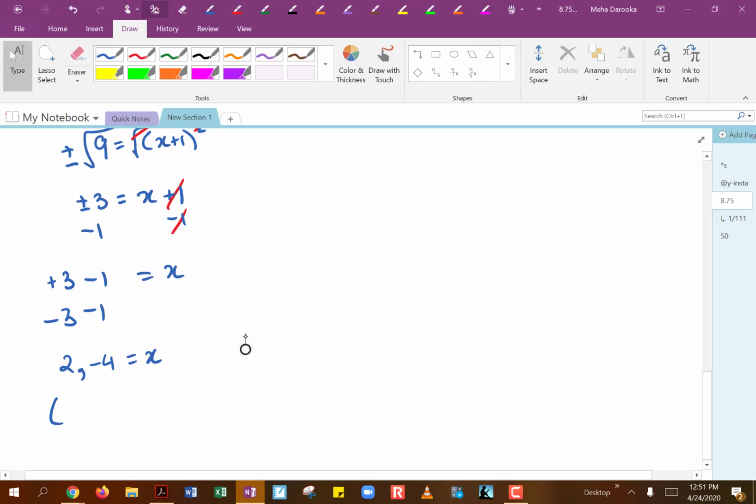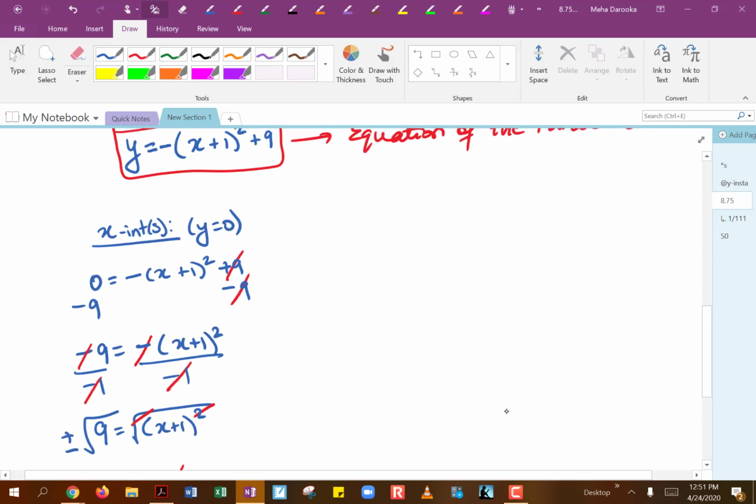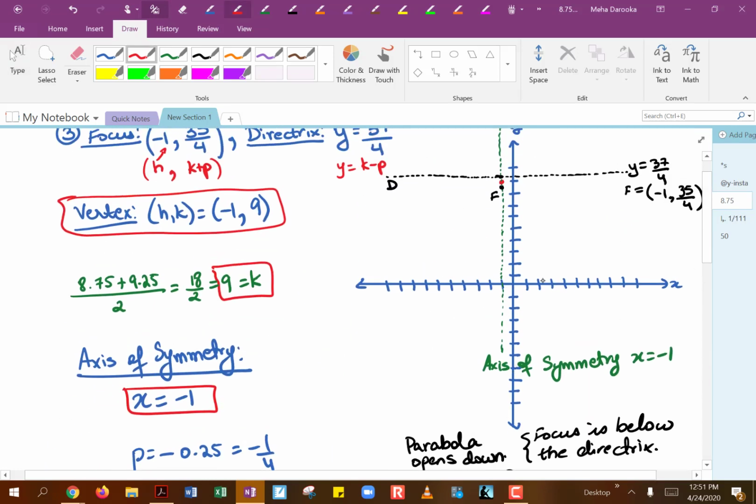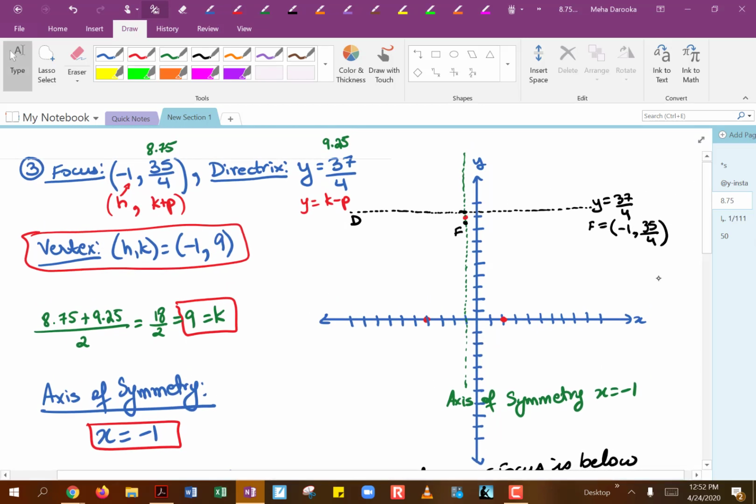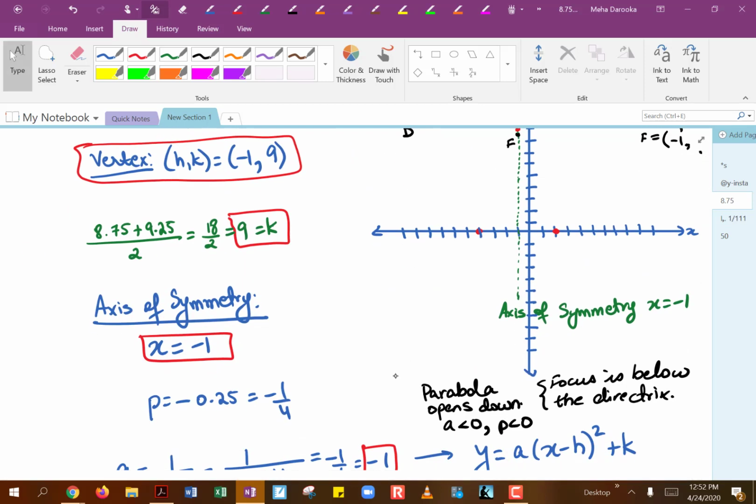So you are looking at 2, 0 and -4, 0 as the x-intercepts. Okay, so 2, 0, -4, 0. So that's going to be right here. 2, 0 and -4, 0, where we have our x-intercepts.